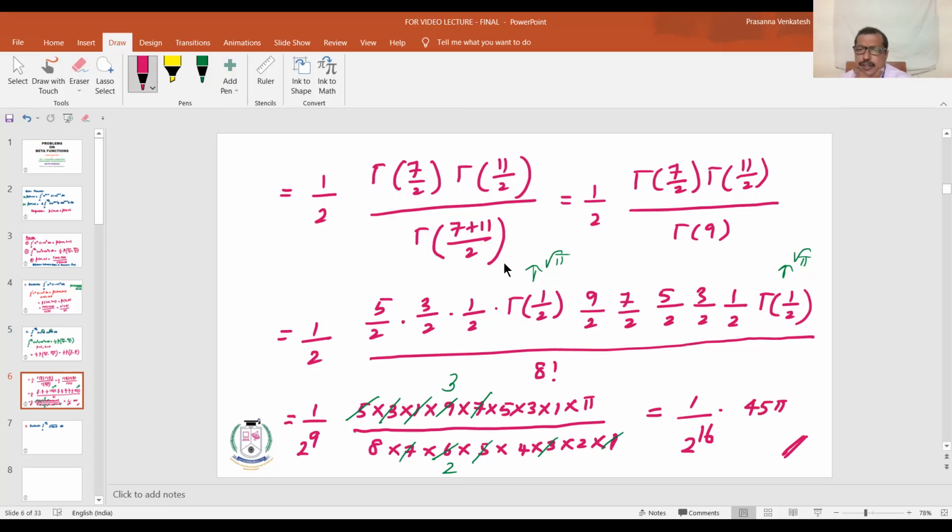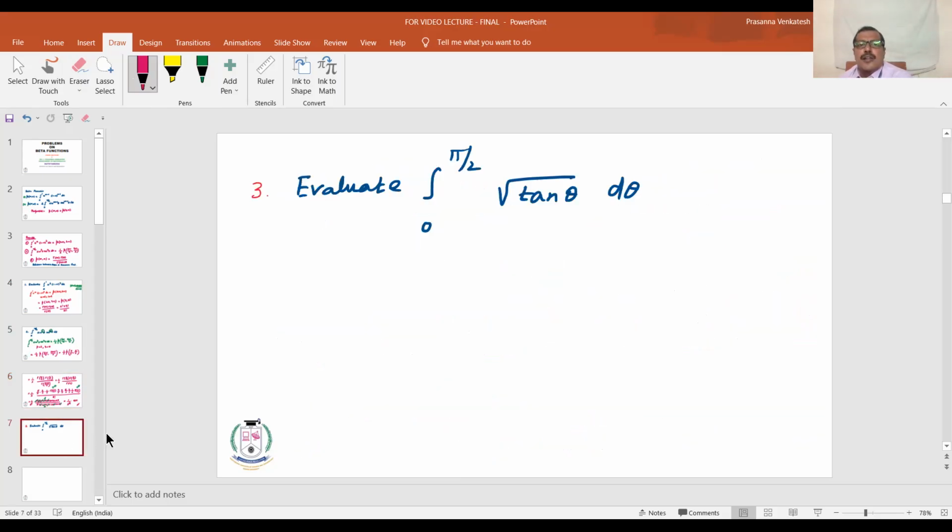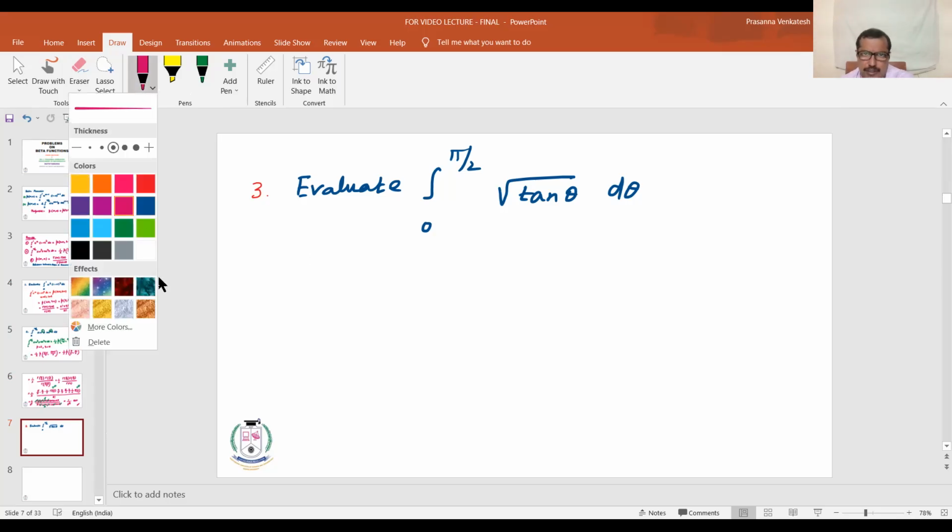Again, the value of the integral is not so important, but the method to derive it is what is important, right? So next, let us proceed with this problem. Integral 0 to pi by 2 root tan theta. The way in which we bring it to beta function is the important step in this question, because you can write tan theta as sine by cos.